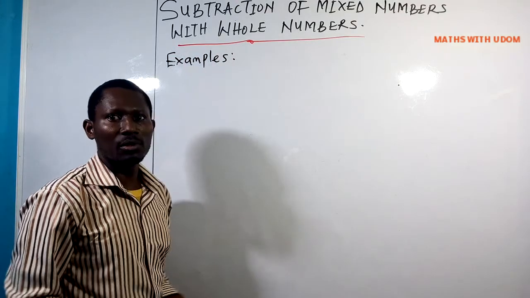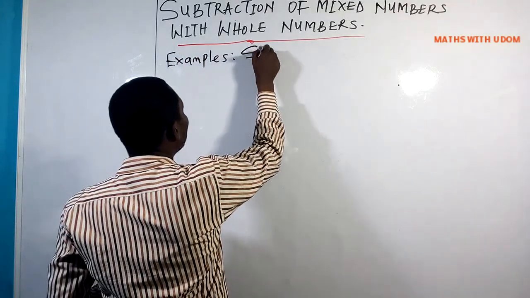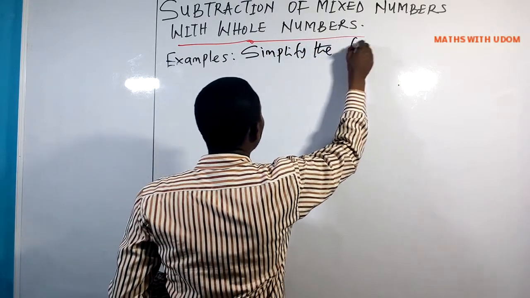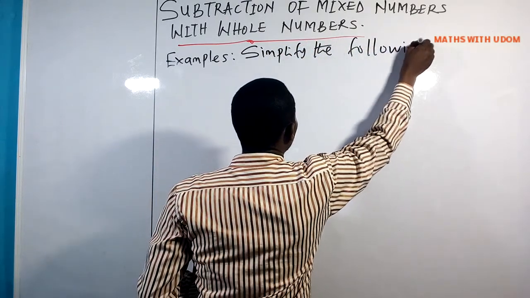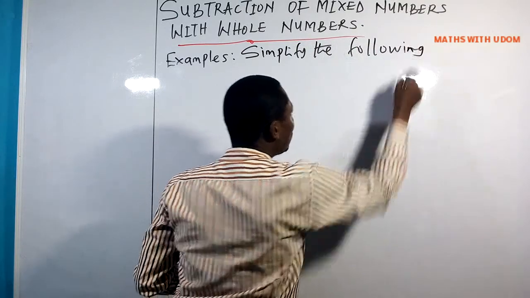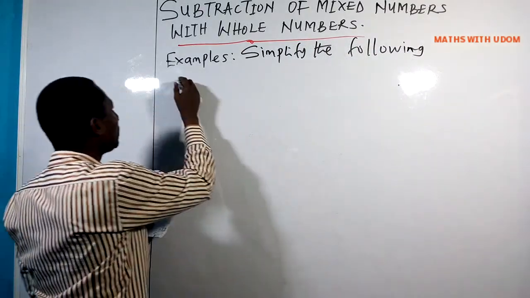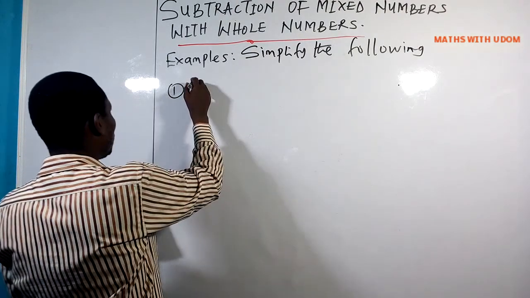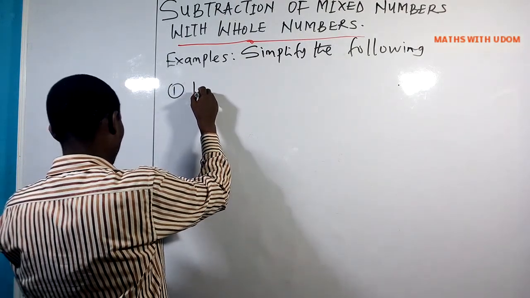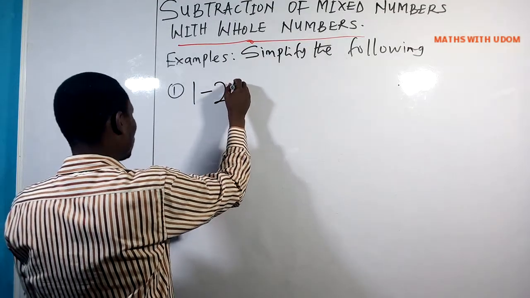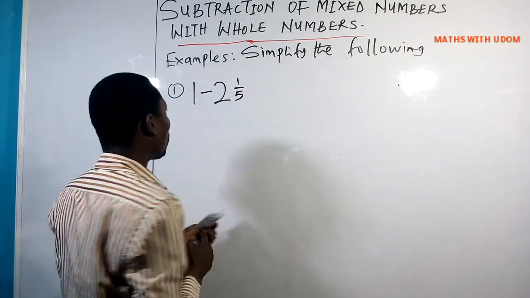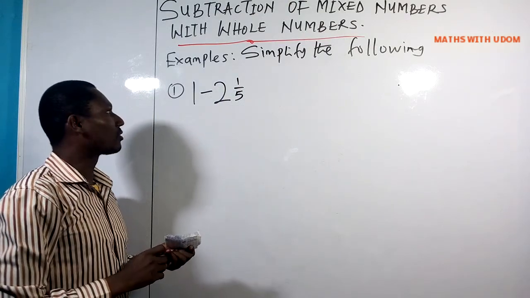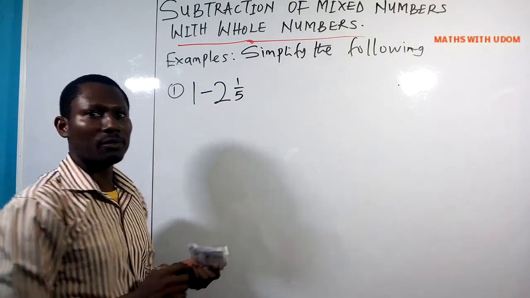And our examples go thus: simplify the following. Number 1, one whole number, 1 minus 2 whole number, 1/5.